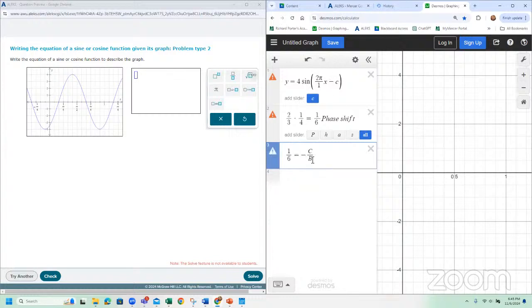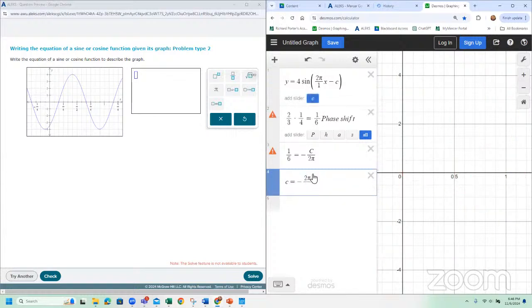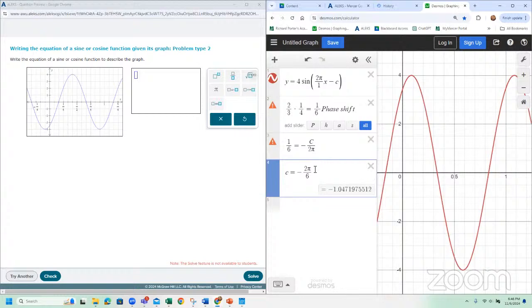Okay, B we know is 2 pi. And so now I know what C is. I can bring that 2 pi up there. So I say C equals minus 2 pi over 6.